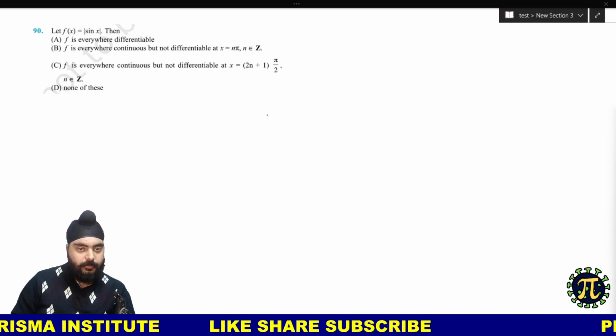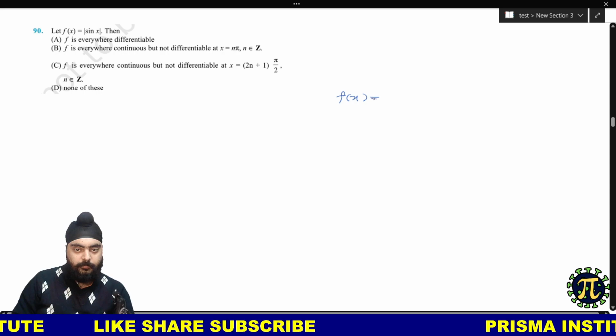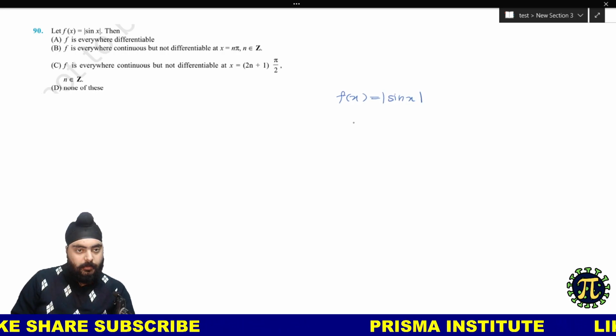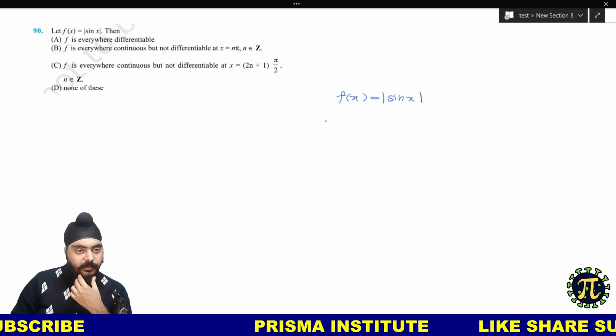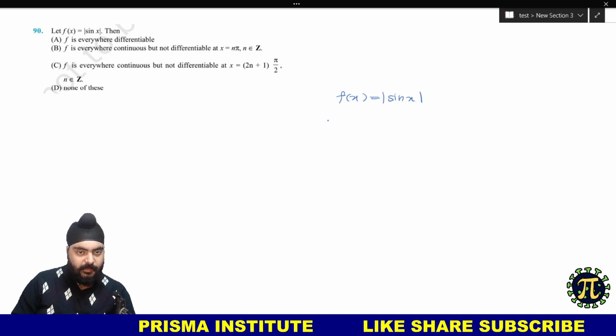Okay, so in this question we are given f(x), which is modulus of sin x. Then the options are: f(x) is differentiable everywhere, or f(x) is continuous everywhere but not differentiable at x equal to n pi.